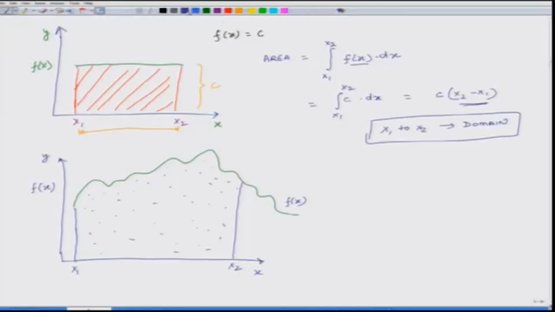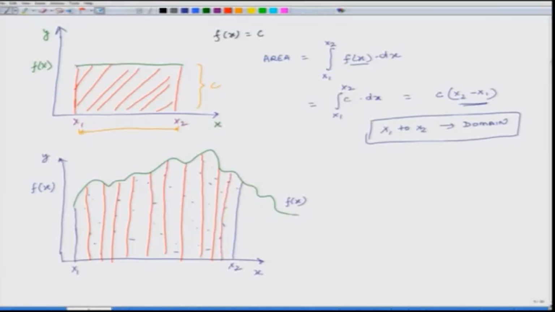Okay. So, what I do is I break this area into small slices, and this is exactly what we do when we are trying to integrate differential equations also. It is a more complicated process, but the philosophy is same. So, I break this overall area which we are trying to calculate into small slices. Let us say this slice is S1, this slice is S2, this slice is S3, and so on and so forth.